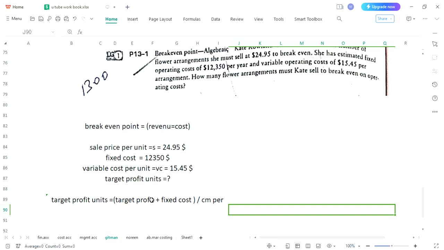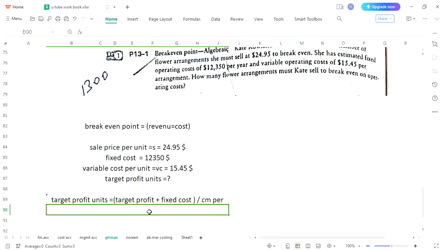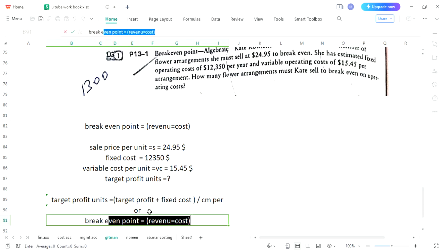This is the first way, or you can calculate your break even units. How? Again, you need to have your fixed cost and it would be divided by CM per unit.